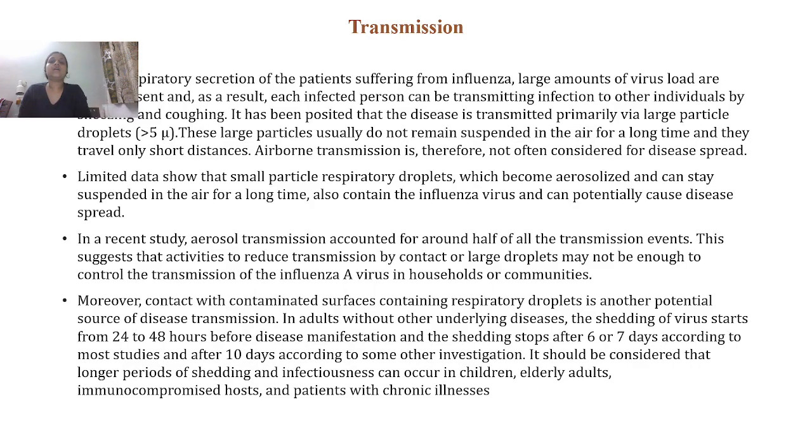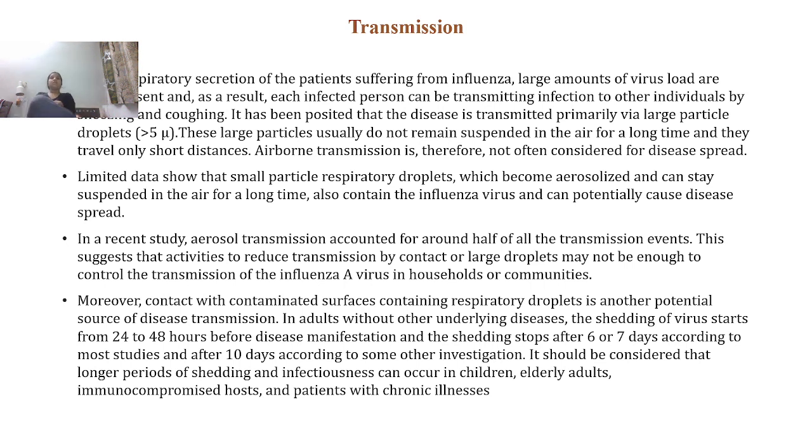So, as I already told, influenza is a flu kind of thing. It affects the upper respiratory tract, and it occurs in the respiratory secretion of the patient suffering from influenza, and a large amount of viral load is present there, and they can easily transmit this infection to another person.